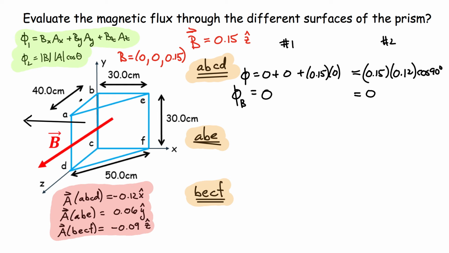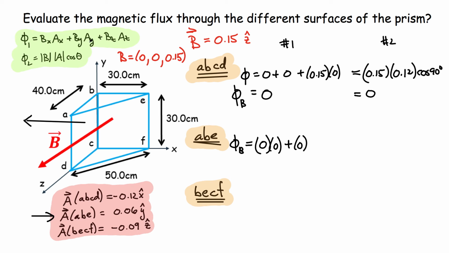All right, let's look at the triangular surface over here. Our area vector is our second one here. It has a magnitude of 0.06 and it's pointing along the y direction. So in this case, my magnetic flux through that surface is 0 b_x multiplied by a_x, plus the magnetic field component in the y direction, which is 0, since it's only along the z direction.